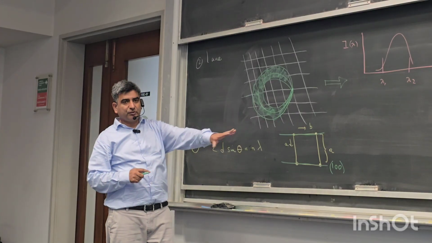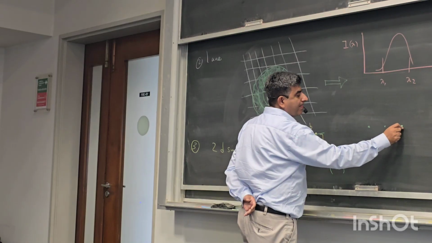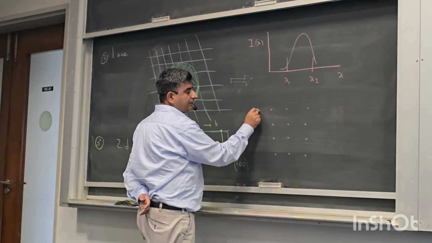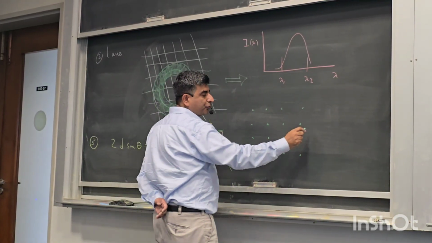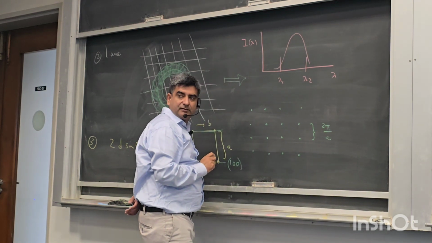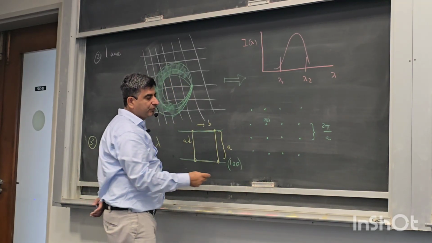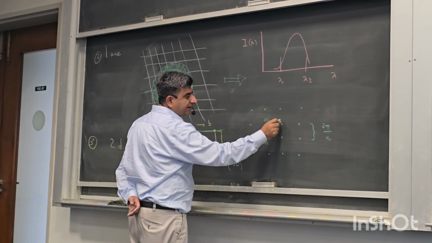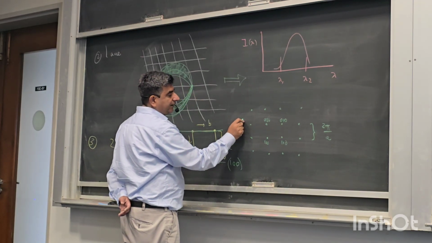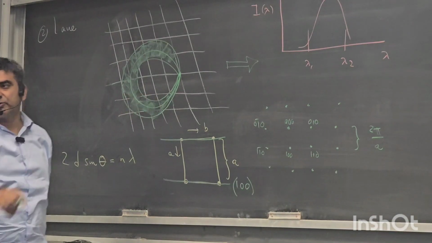When we draw the reciprocal lattice for this structure, since it's cubic, each one of these lengths of the reciprocal lattice vector is 2 pi over A. Suppose this point is 0, 0, 0. The first point encountered is 1, 0, 0 in this direction, 0, 1, 0 in this direction, and then you add up the indices and so on. So this is 0, 1 bar 0, 1, 1 bar 0, and so on. So you get all the reciprocal lattice points.